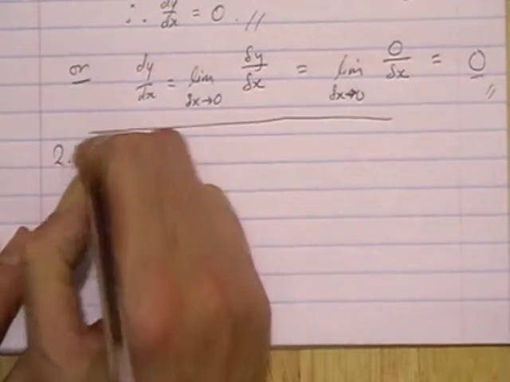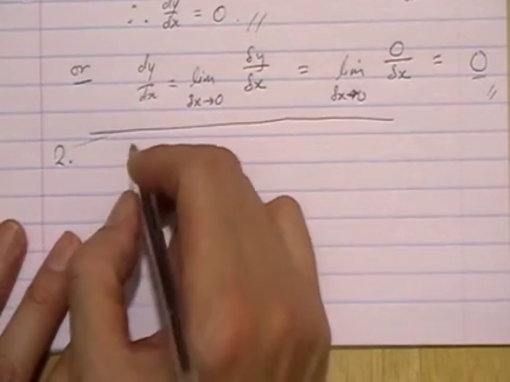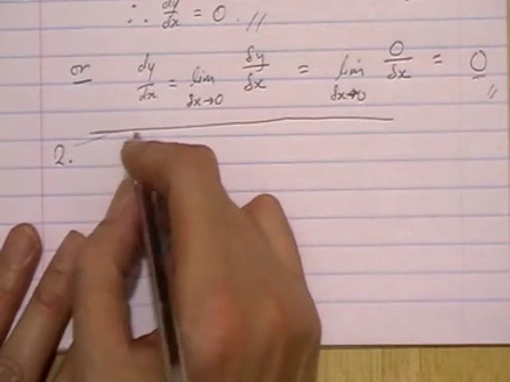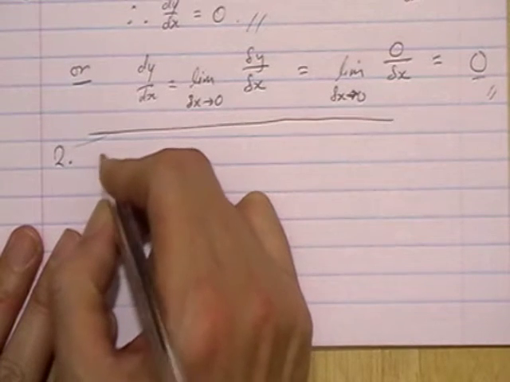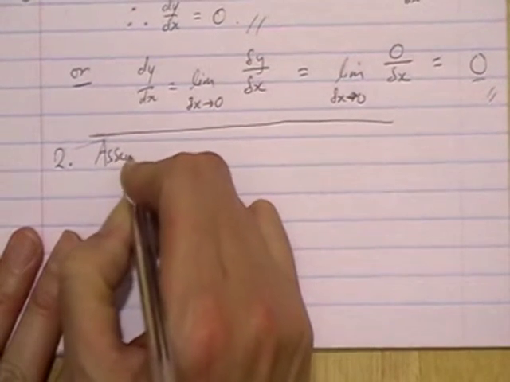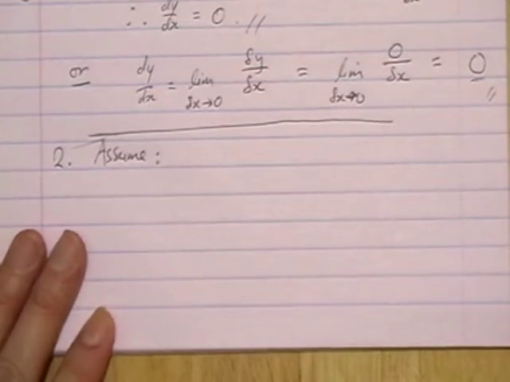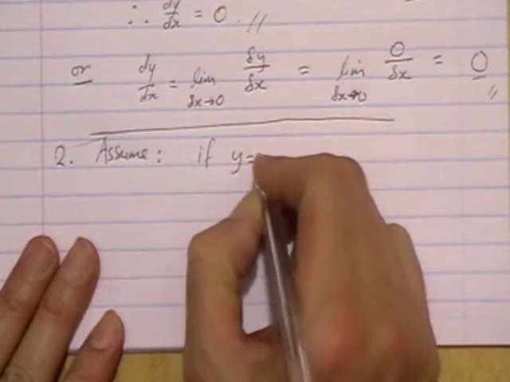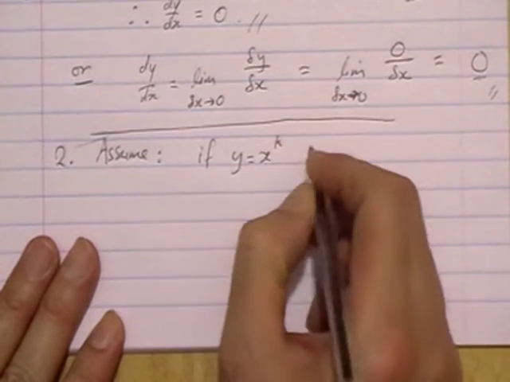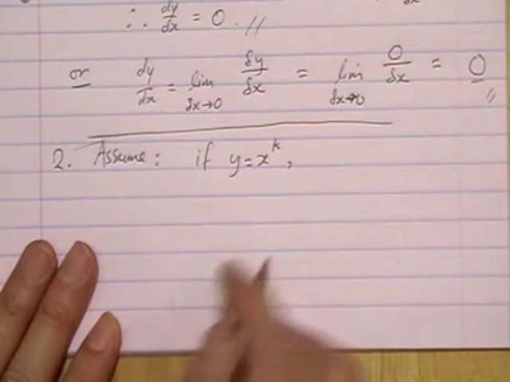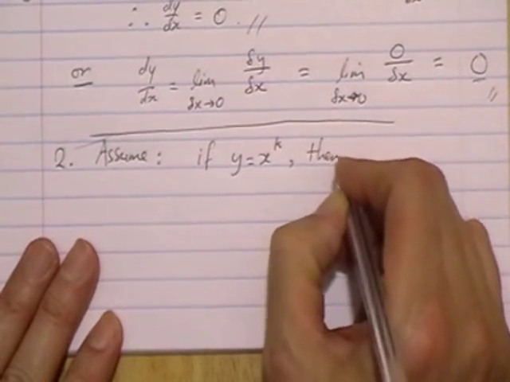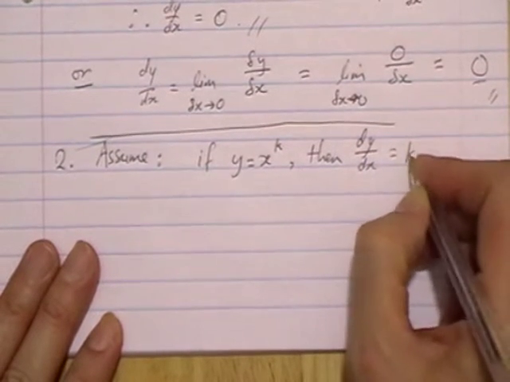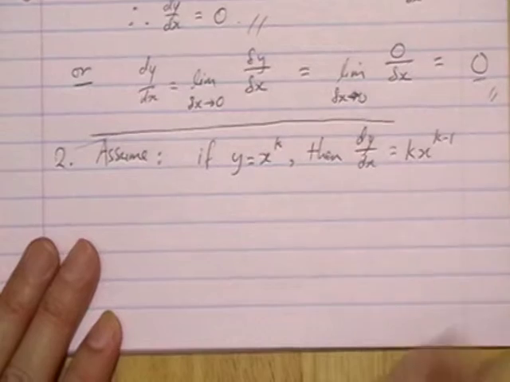Step 2. We assume that if y equals x to the power of k, then dy/dx equals kx^(k-1).